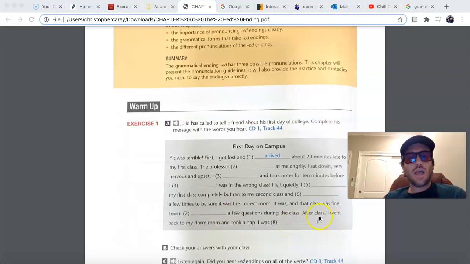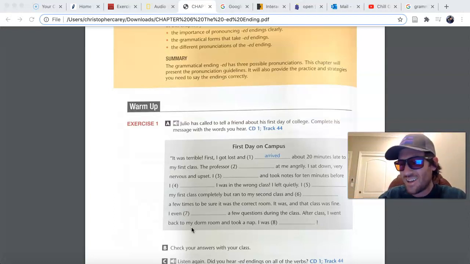After class, I went back to my dorm room and took a nap. I was exhausted. Exhausted could be simple past tense, because exhaust could be a verb, right? To spend completely, to use up completely. I exhausted all of my money at Las Vegas.